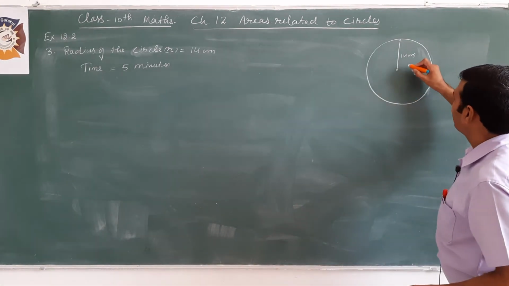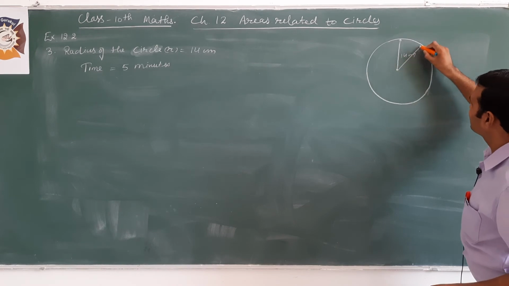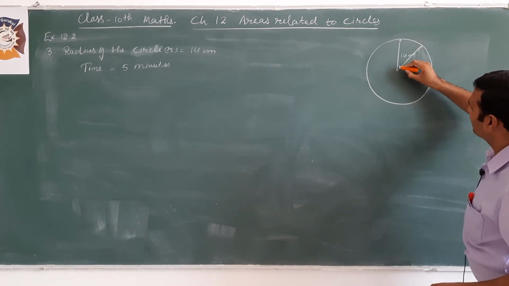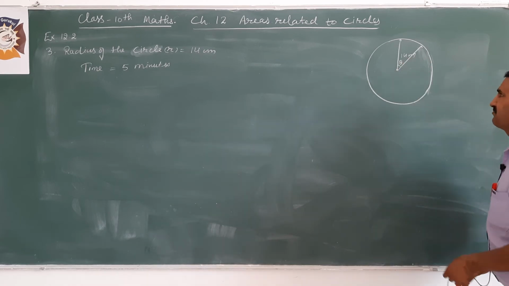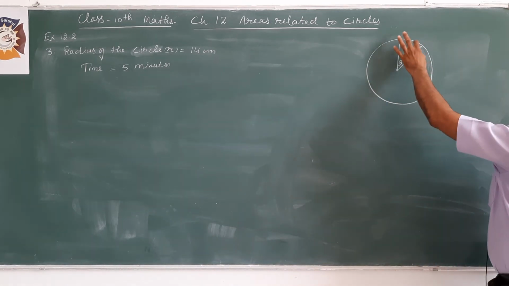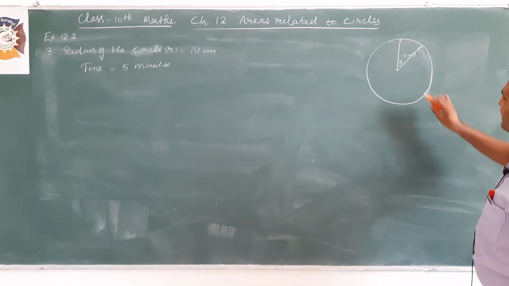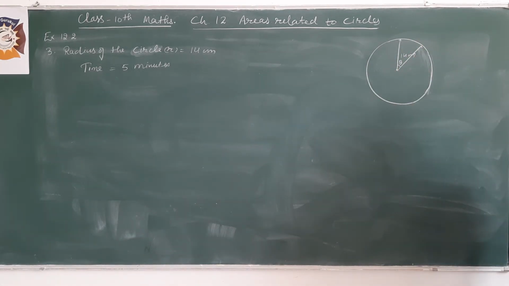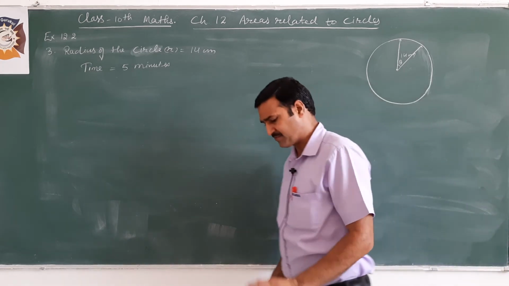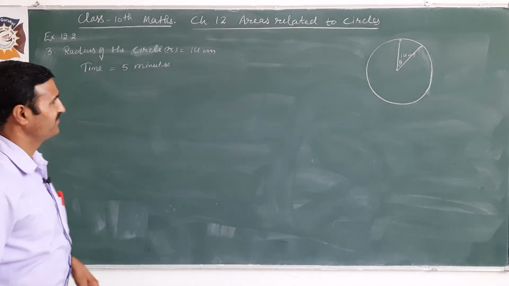Suppose this is the area swept by the minute hand in 5 minutes. This is the region, and the angle is theta. So, we have to find this area, and actually this is the shape of a sector, but the angle is not given, time is given. So, with the help of the time we can find the angle.